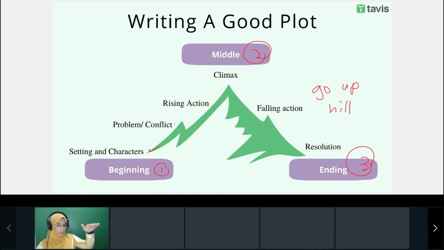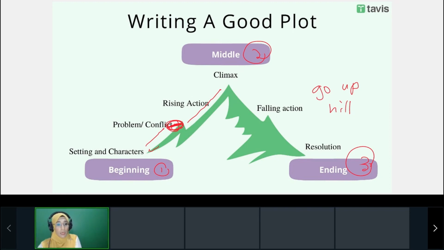Then you camp for a night, then you climb again, right? That's why here you can see it goes up, and then there is a problem here. There's a conflict here. So what happened here? Then the rising action is, you find the steps or ways for you to solve this problem or this conflict.